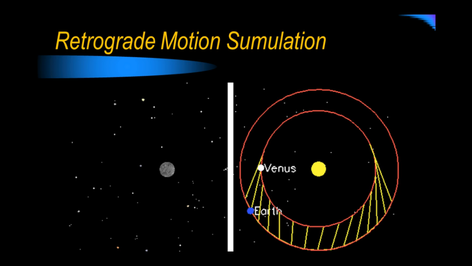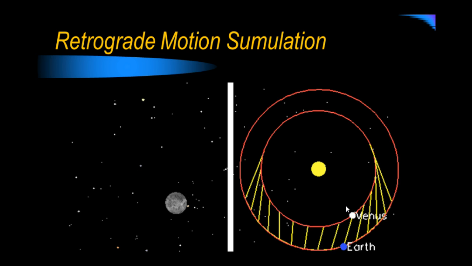As we view the faster moving Venus from the more slowly moving Earth, here we've got Venus and Earth, the line of sight, what we mean by that is where in the sky, relative to the stars, we see Venus, reverses its motion.